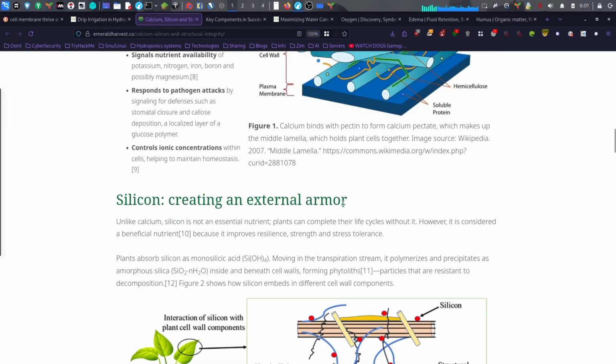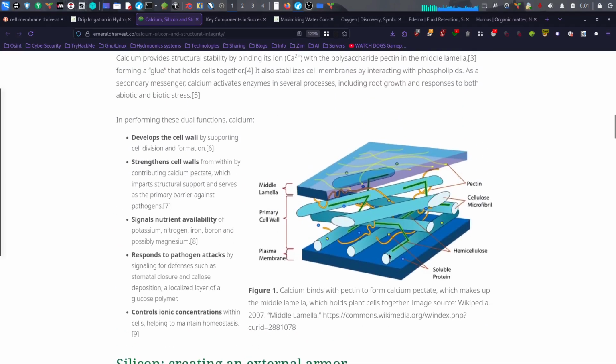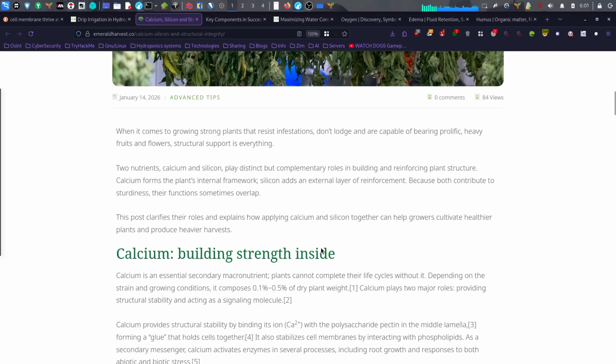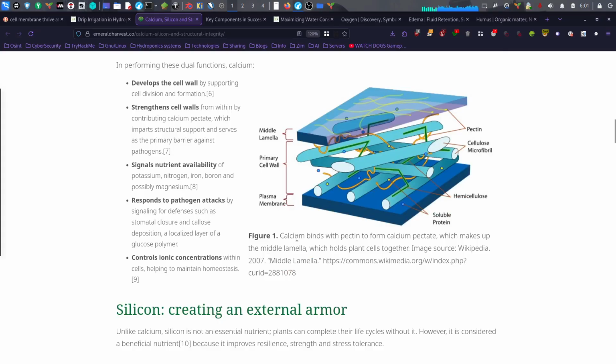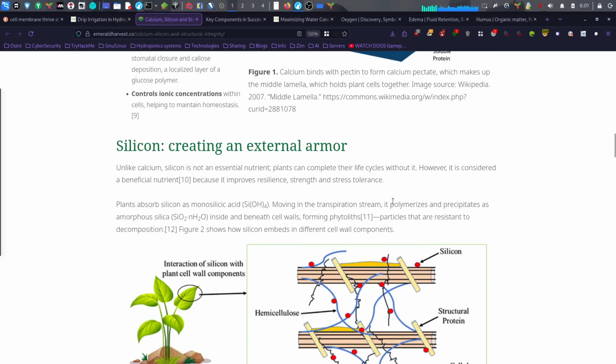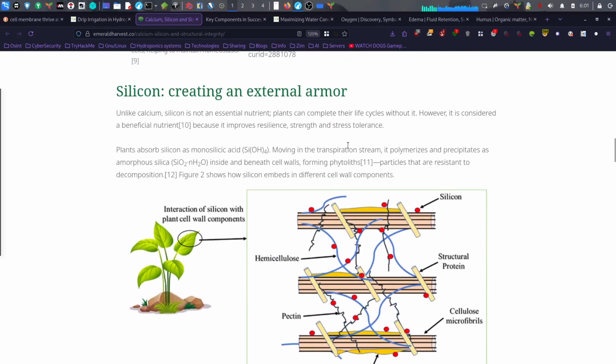Okay, let's continue. We don't understand all of this article because it requires knowing what these words mean, and experience.